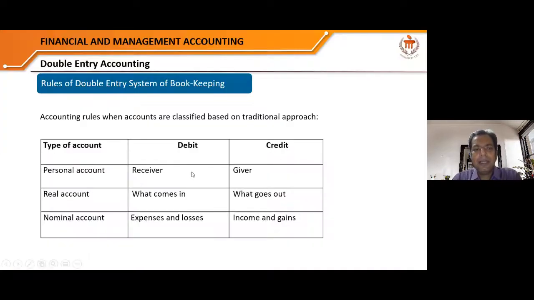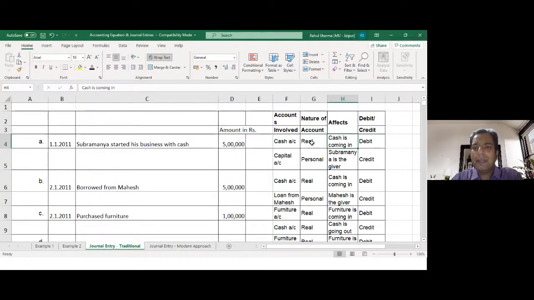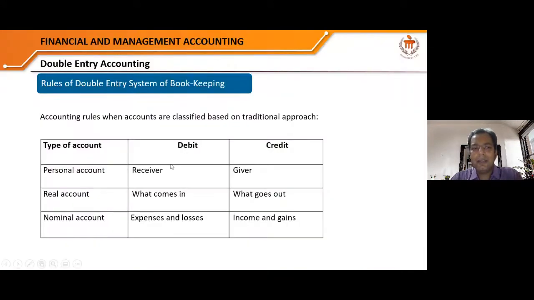And on the other side, I'll take you to the rules. My real account says debit what comes in, credit what goes out. So fine, cash is coming in, so I have to debit it. I write debit. The capital account is again personal, and the rule of personal account says debit the receiver, credit the giver.